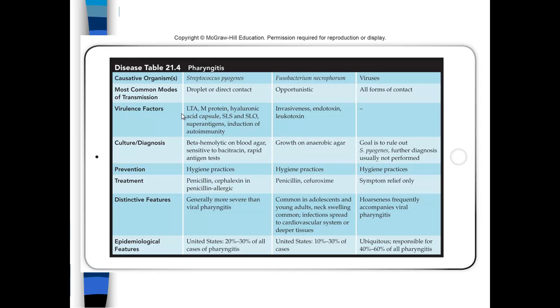So with viral forms of pharyngitis, there would be no treatment, but you would have just different lozenges that don't contain antibiotic, which would be ineffective, and so you just relieve the symptoms, the pain, any discomfort, any fever, and let the viral infection run its course.